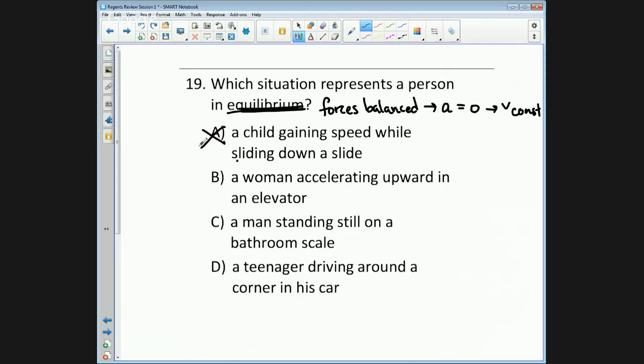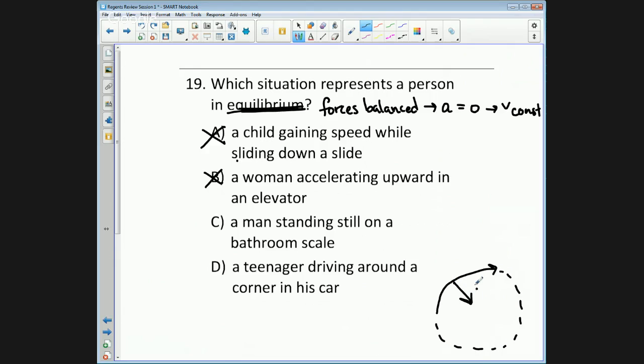So therefore, we can eliminate A, a child gaining speed, because speed needs to be constant. We can also eliminate B, a woman accelerating upward in an elevator. Acceleration needs to be 0. We're left with C and D. Teenager driving around a corner in his car. When you're driving around a corner, this is actually centripetal acceleration, centripetal motion.